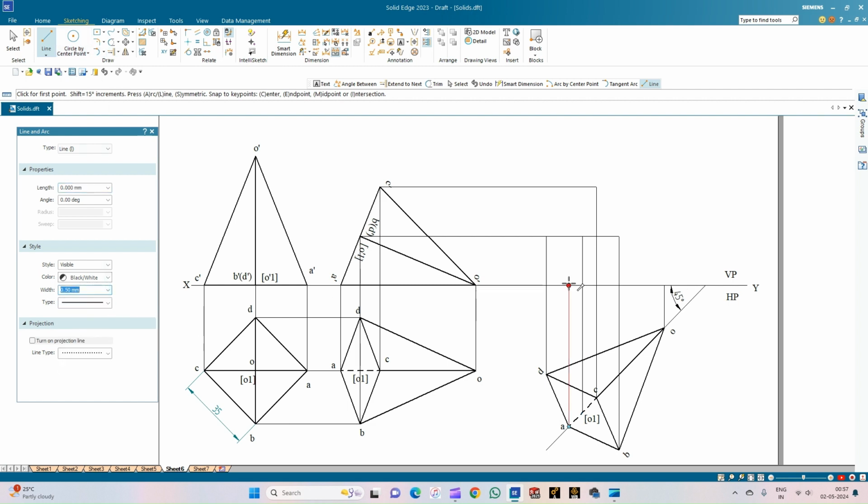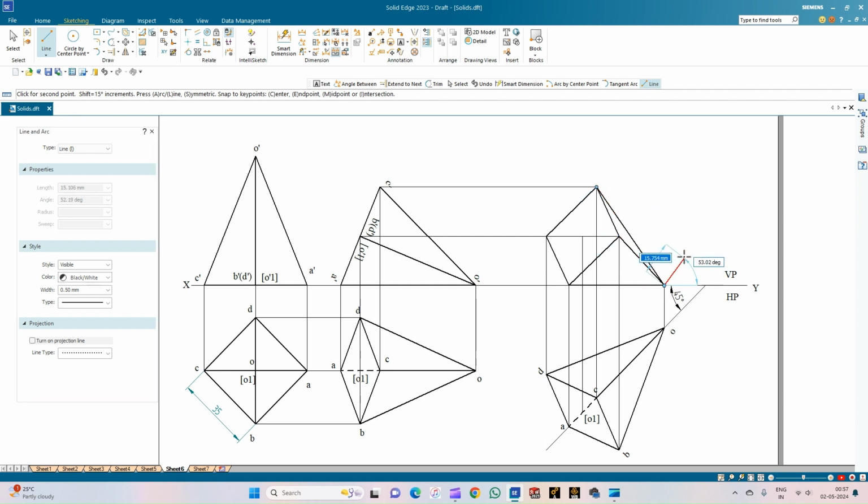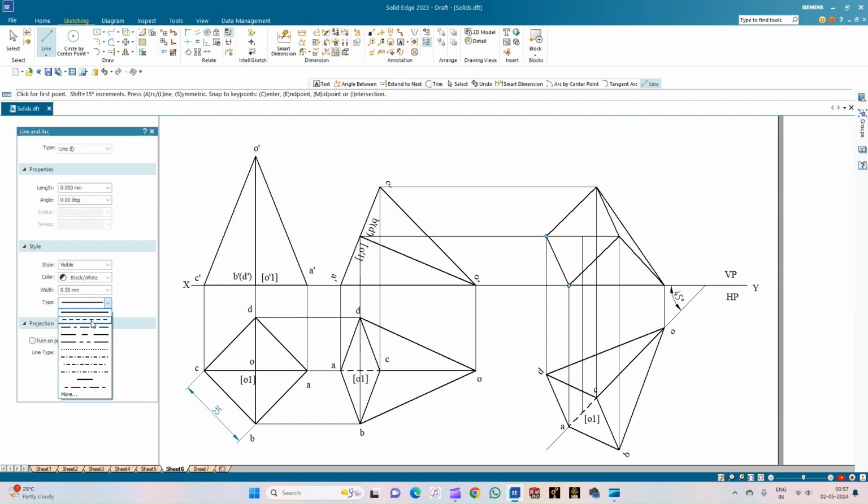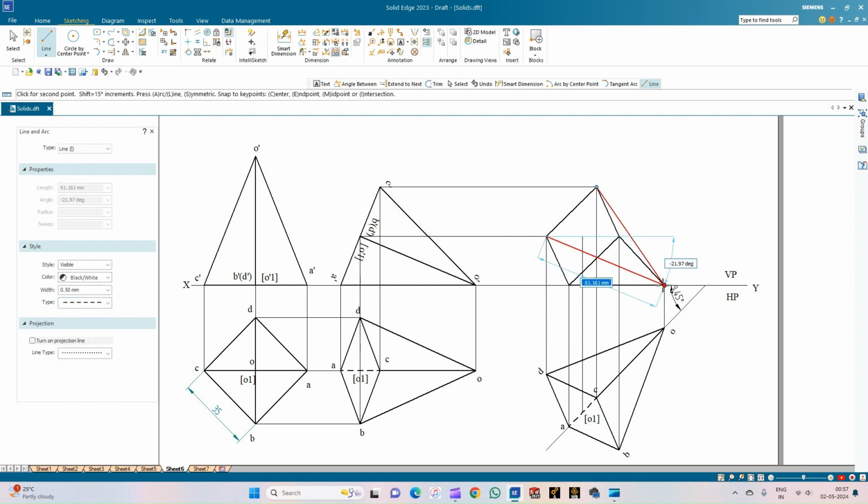So let us start from the corner A to corner B, B to corner C, C to D, and D to A, and also O and A, then B to O, and also C to O. So D is the farthest corner point, so it will be the hidden line. So from D to O, this will be the hidden line.